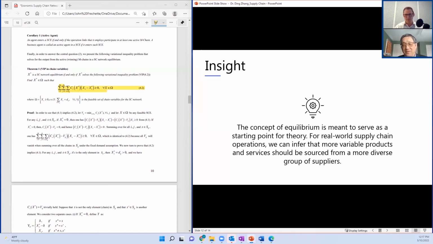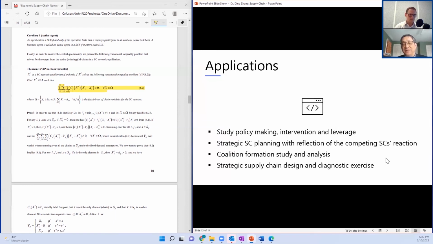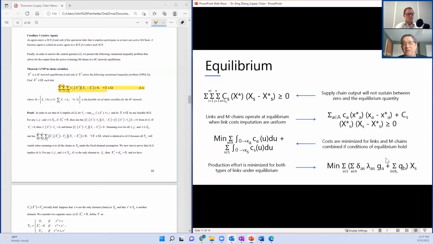Yeah, one thing I'd like to add is that on the previous slide, the mathematics can actually be used to solve the problem, to compute all the chain flows and link flows, and to determine which particular firm will be participating in a winning supply chain and how much of the contract they can get, at that detail level, once the exogenous inputs are given and the parameters are calibrated.